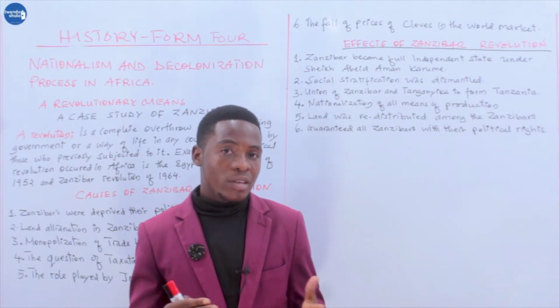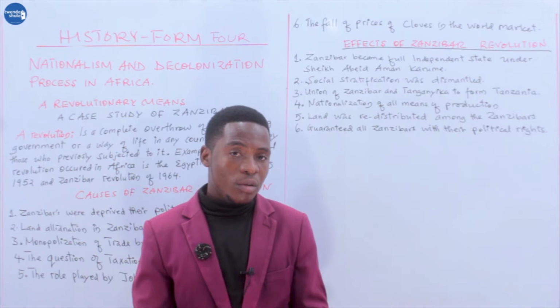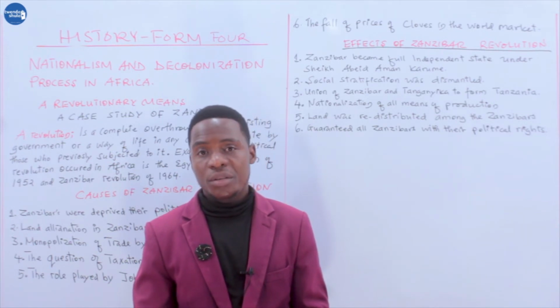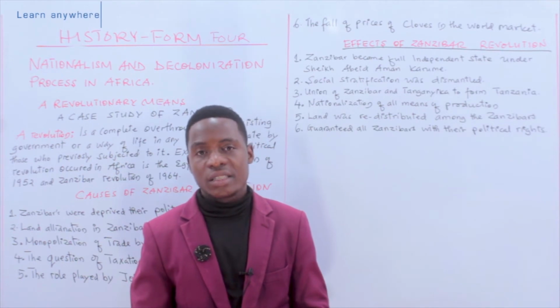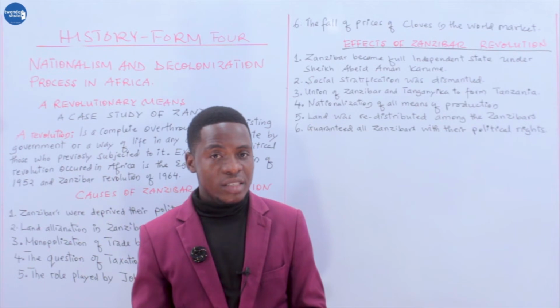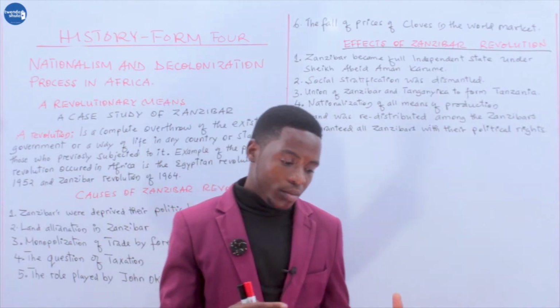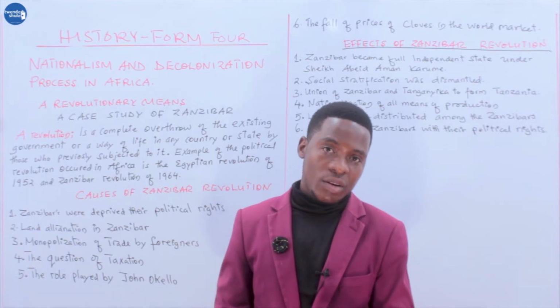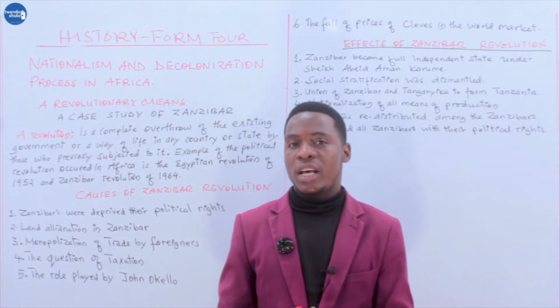Then after the Berlin Conference, Zanzibar was still under the Sultanate's dominion. Even after the delimitation treaty of 1886, or the first Anglo-German treaty, Zanzibar was still under the Sultanate's dominion. But from 1890, after the Heligoland Treaty, the British started to dominate the island of Zanzibar.